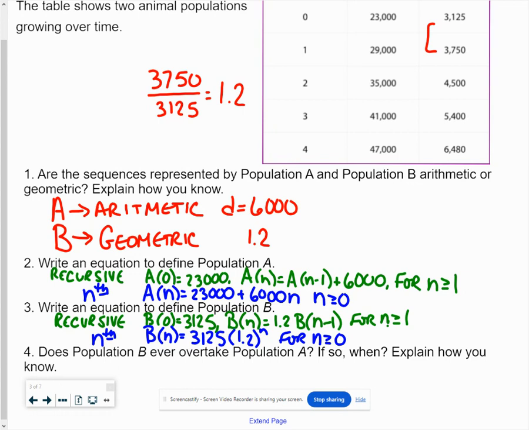So between the year 2011 and 2012 is when that happened. But does population B ever overtake population A? Yes. Exponential patterns always grow faster eventually, even if it's only got a 20% growth rate.